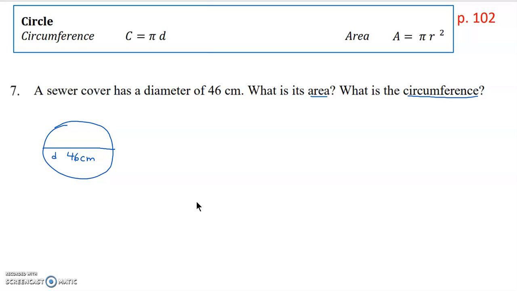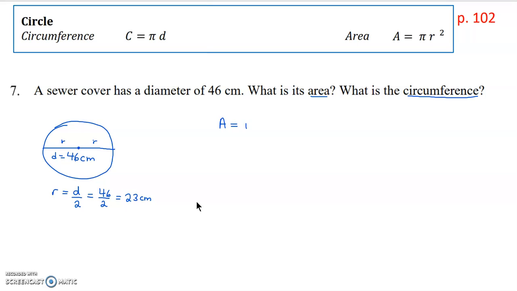If the diameter is 46 centimeters, and remember that 2 radii make up the diameter, then the radius is going to be the diameter cut in half. So that's 46 divided by 2, which is 23 centimeters. So now that I have both the diameter and the radius, I'm ready to solve using my formulas.